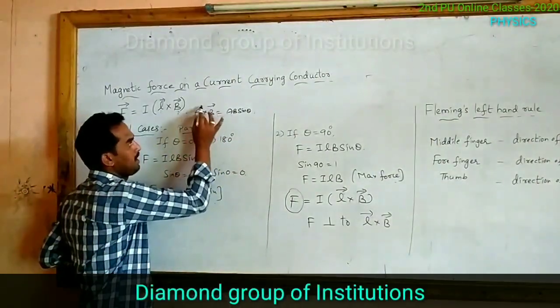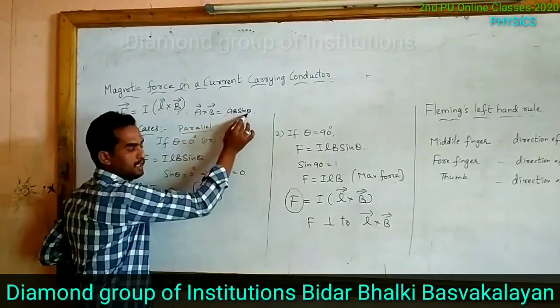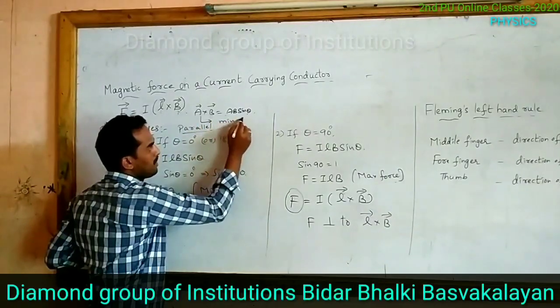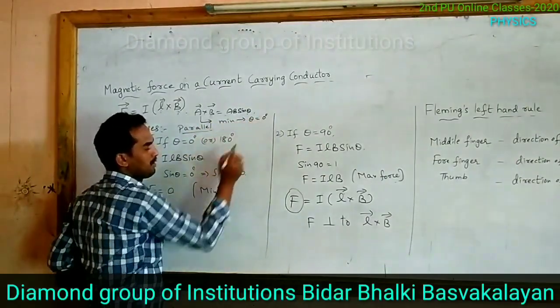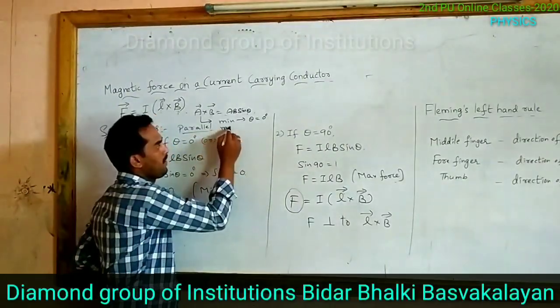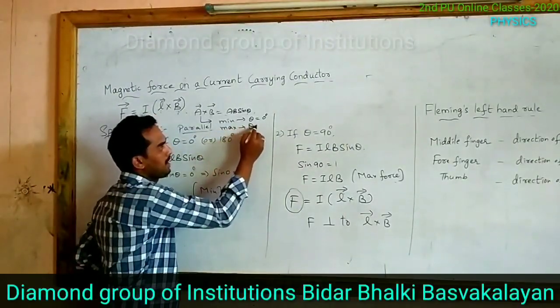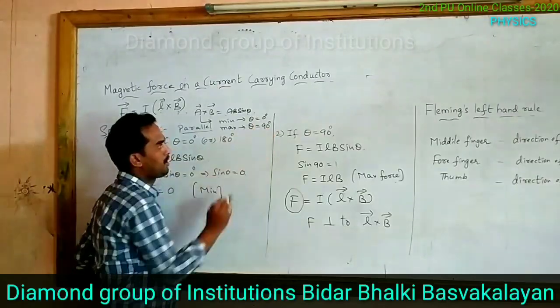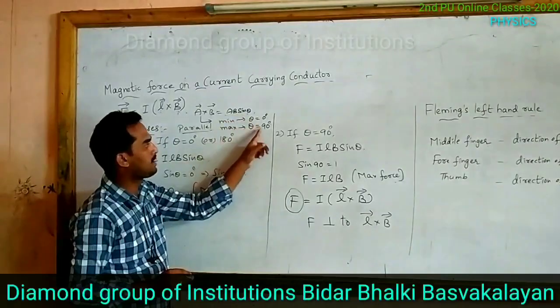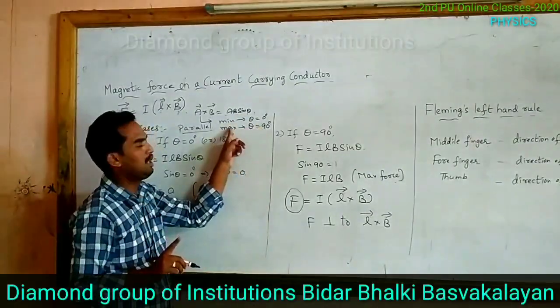We can say A cross B equals AB sin theta, and this vector product is minimum when theta equals 0 degrees and maximum when theta equals 90 degrees, because sin 0 becomes 0, minimum, and sin 90 becomes 1, maximum.